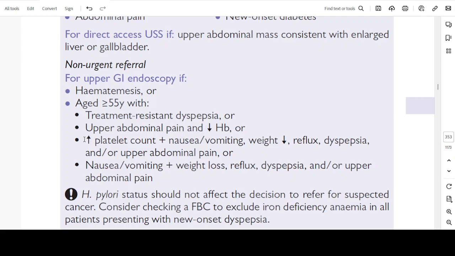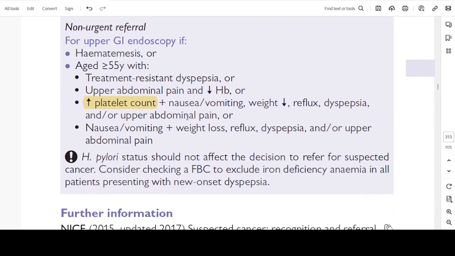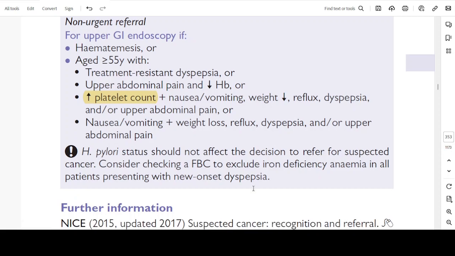So an increased platelet count is an important thing here for non-urgent referral for upper GI endoscopy. H. pylori status should not affect the decision to refer for suspected cancer. Consider checking the FBC to exclude iron deficiency anemia in all patients presenting with new onset dyspepsia.